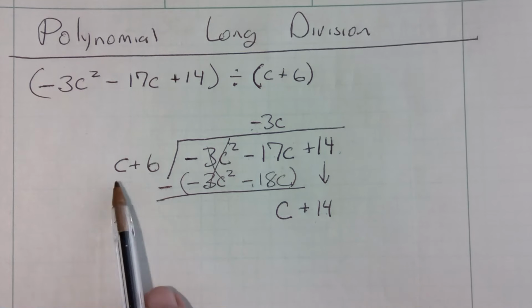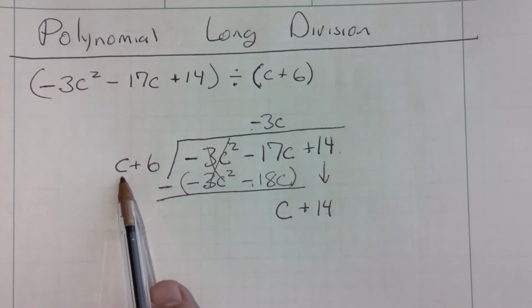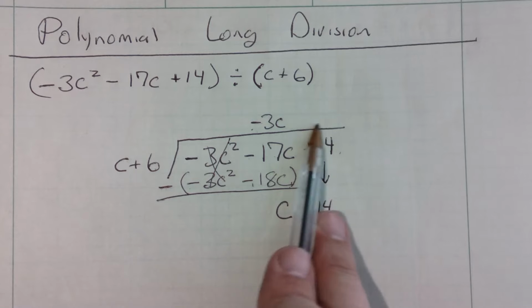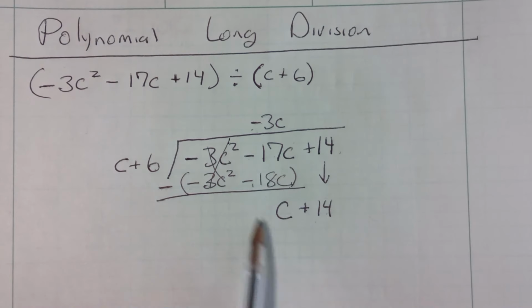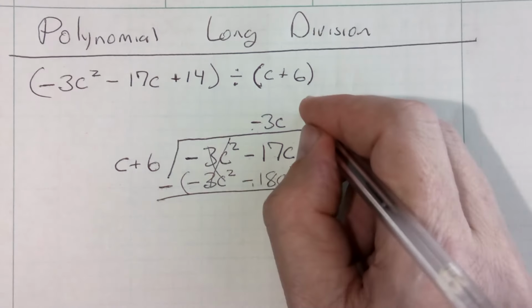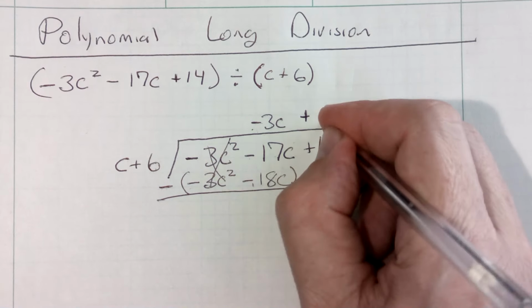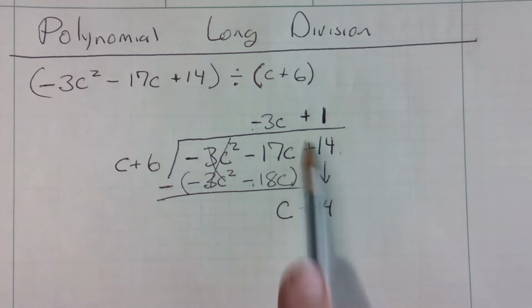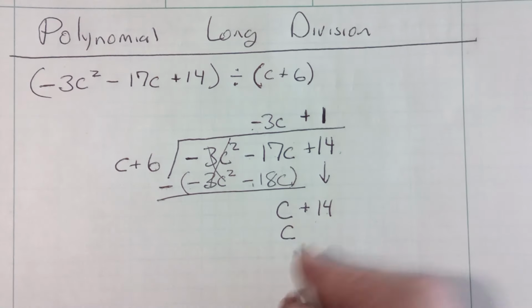I'm going to ask, what do I need to multiply this leading term of c by to get it to be a c? And it's important we multiply by something, and I'm going to write that up here. What do I multiply c by to get a c? A positive 1, which means I'm going to put a plus 1. If I multiply the c by 1, I get a c, and I write it down underneath.